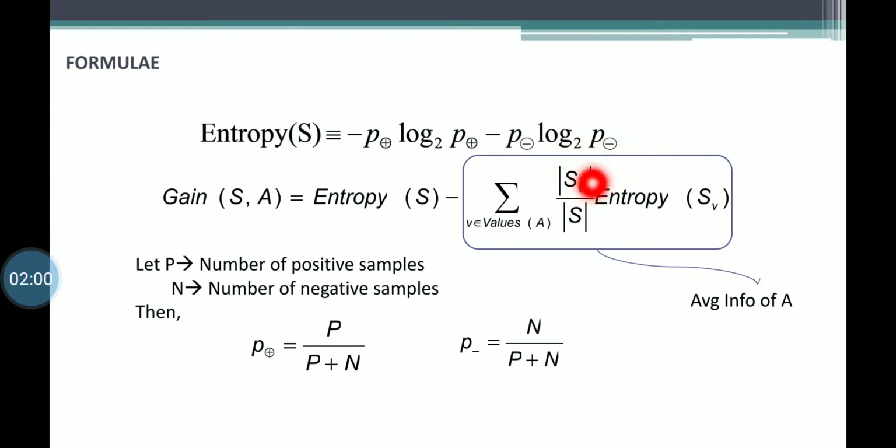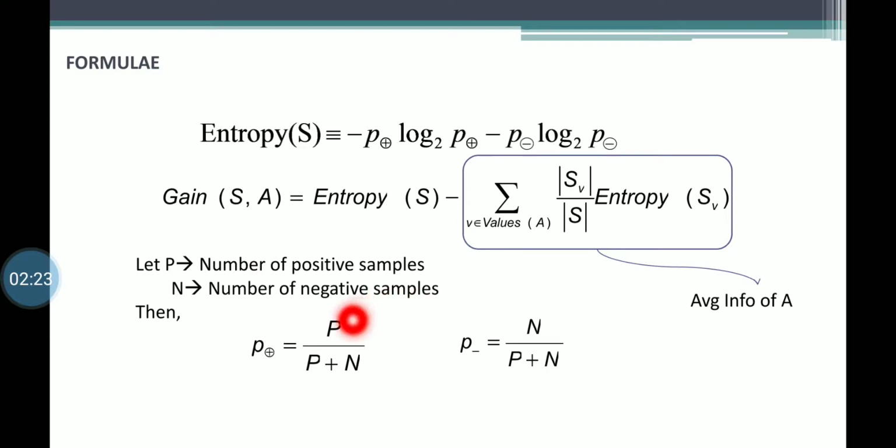So with respect to each value of the attribute, we multiply the proportion of the sample by the entropy of that attribute value. The summation of these values is subtracted from the entropy value to get the gain of the attribute itself, that is, the gain of Outlook, for example.